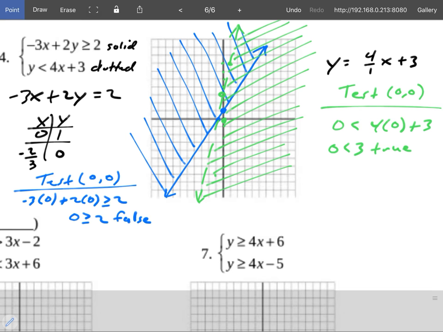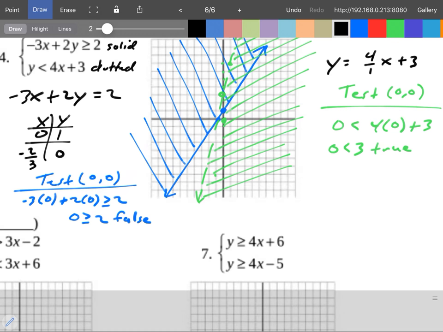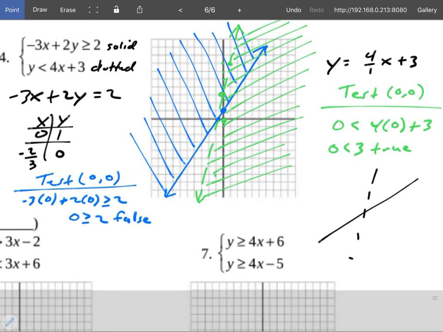So what you're really looking at, if I drew this for you guys, let me do this. You got a graph that looks something like this. You got one line that goes like this. You got another line that goes like that.